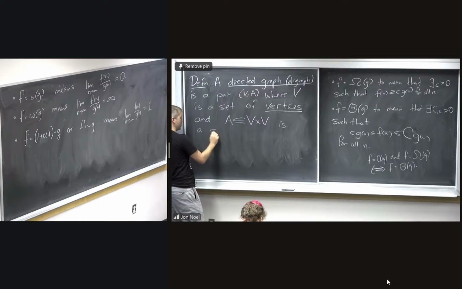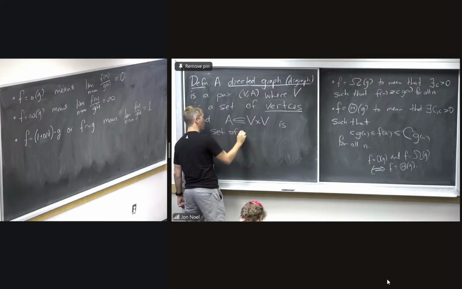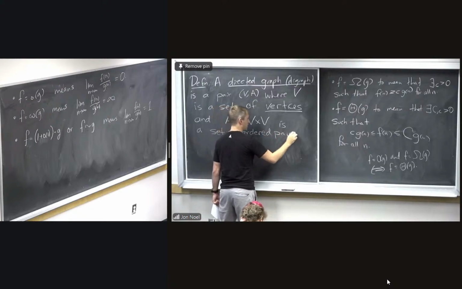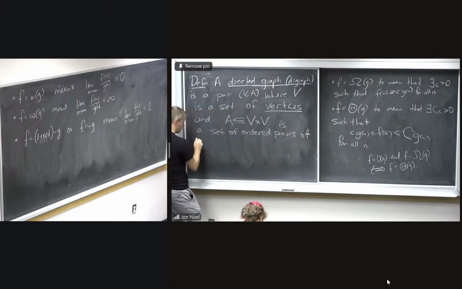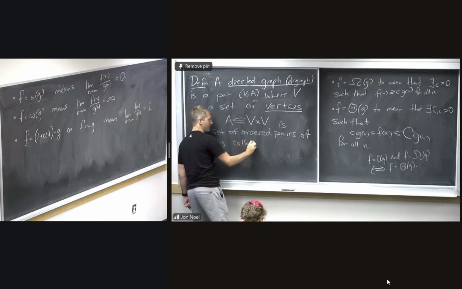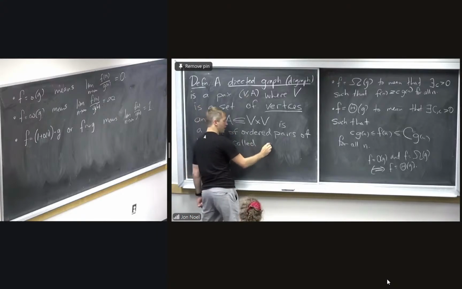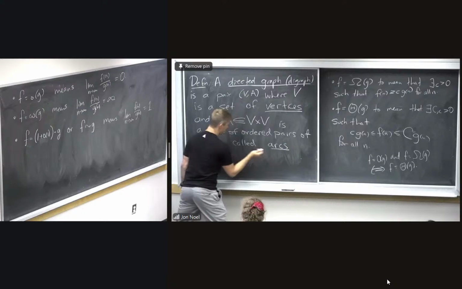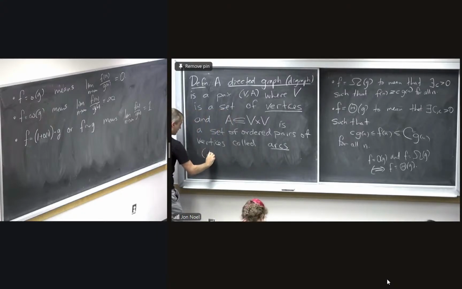So it's a set of ordered pairs of vertices, and the elements of A are called arcs. Sometimes you might call them directed edges.